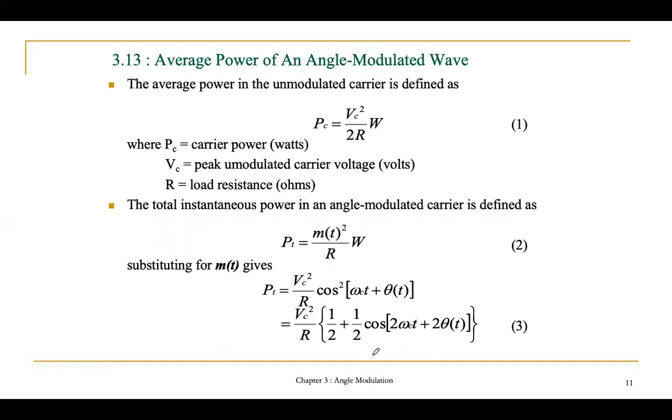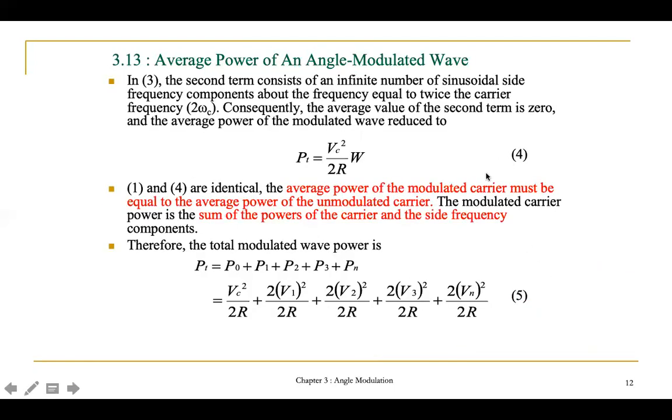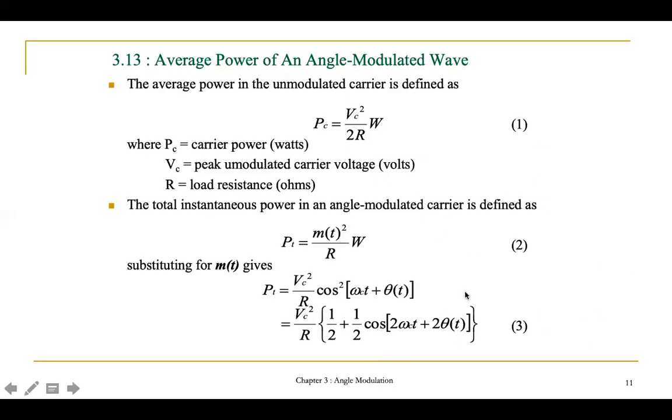If you take the average of a sinusoidal signal, you will get the value of 0 because it consists of positive and negative values. That's why the P total here, because this term is now equal to 0.